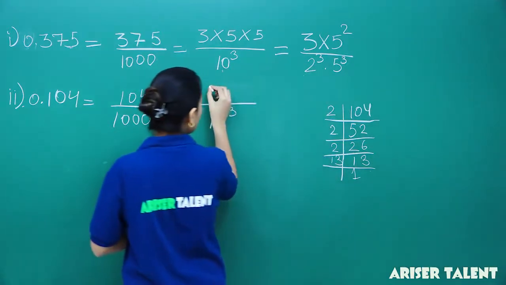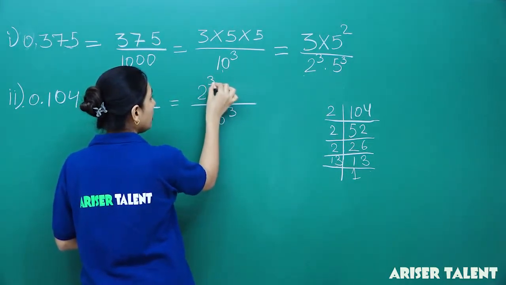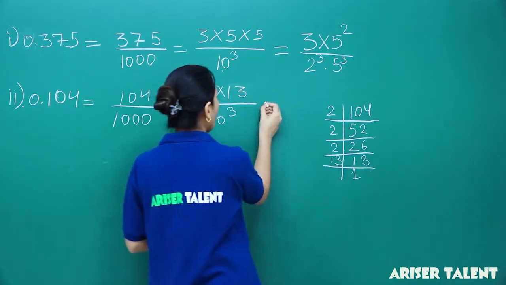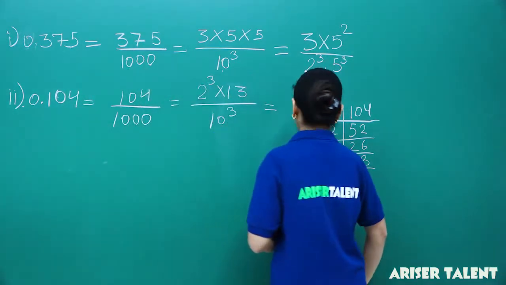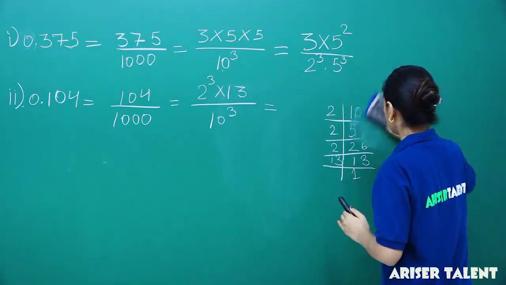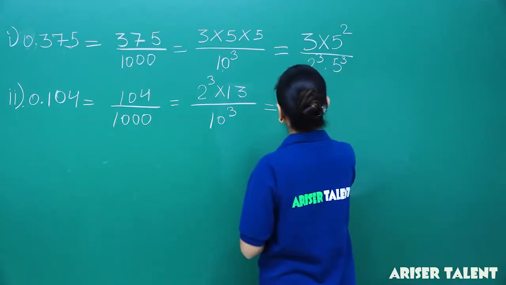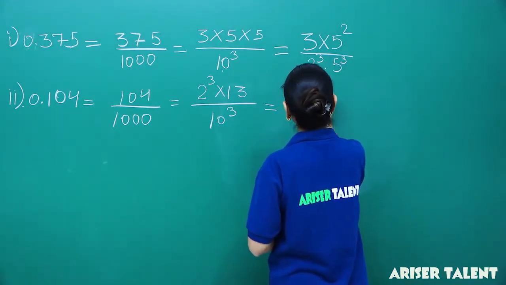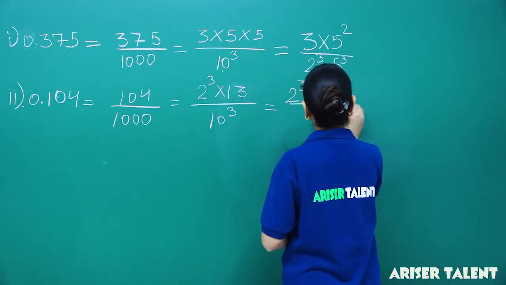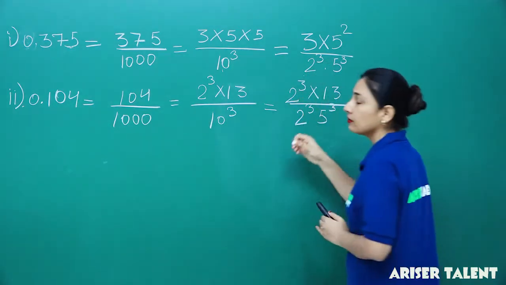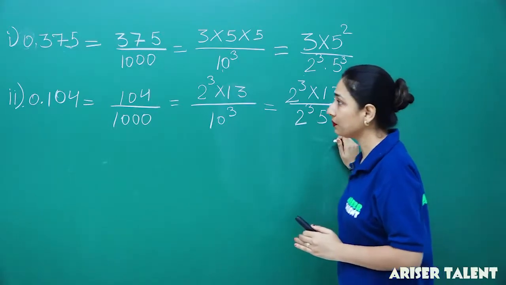So what we get here is 2 raised to power 3 multiplied by 13. Now we can rewrite it as 2 to the power 3 multiplied by 13 divided by 2 raised to power 3 and 5 raised to power 3, right?